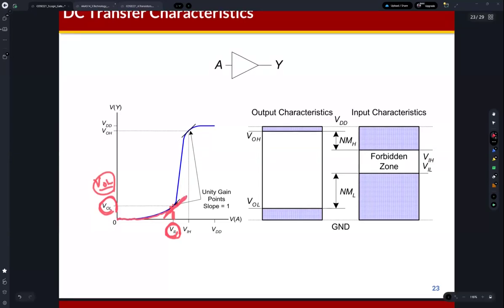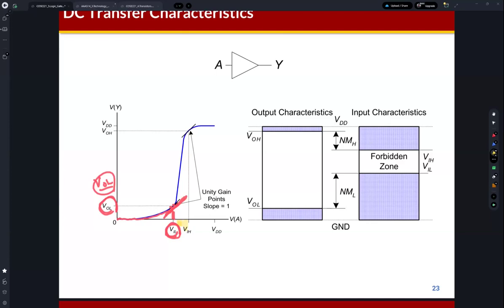But from this point, if the input signal changes slightly, the output signal changes dramatically, right?